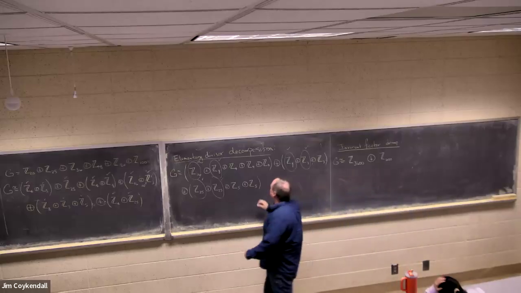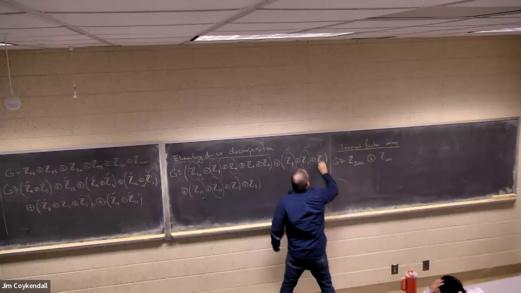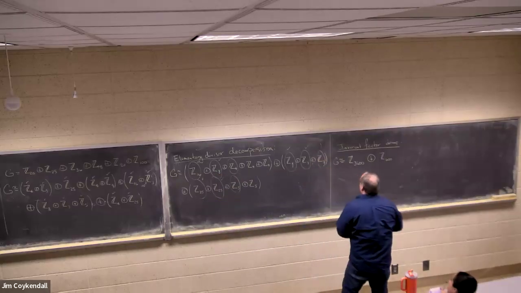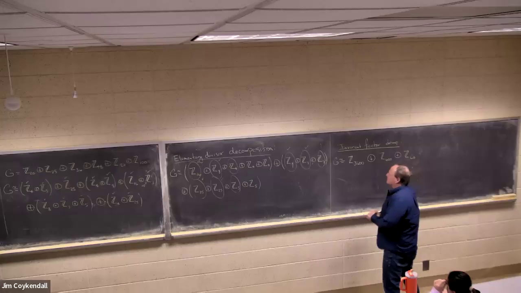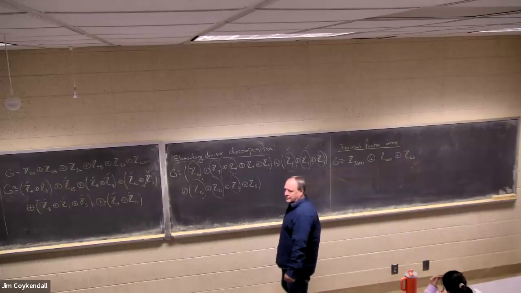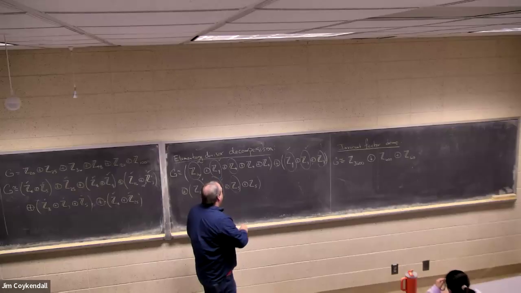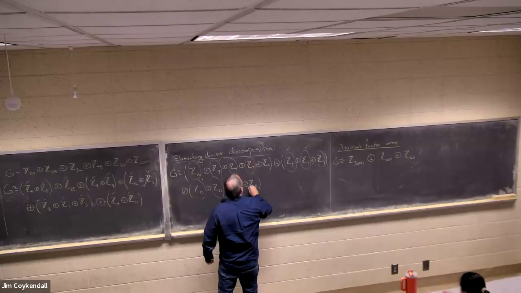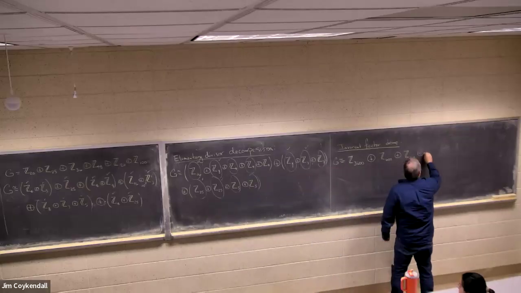Okay, next: 4, 5, and 3, so let's say 60. And now I've used up the 3s. So now I've got Z4 and Z5, that's 20.